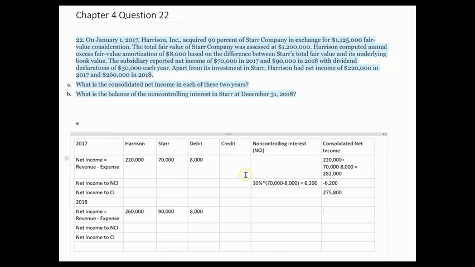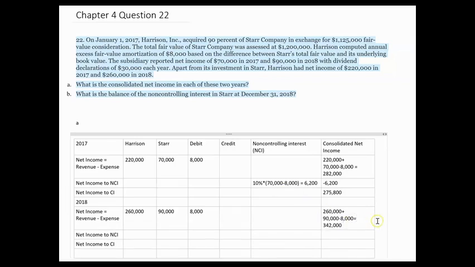So the consolidated net income for that year would be $260,000 plus $90,000 minus $8,000, which equals $342,000. That is the consolidated net income.